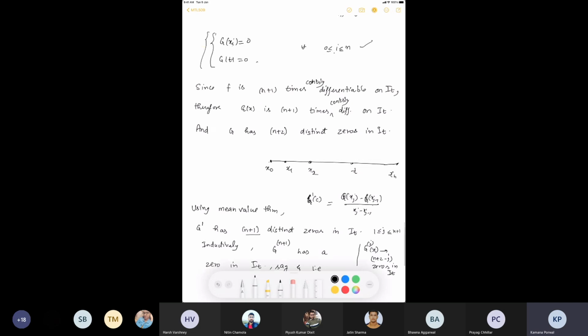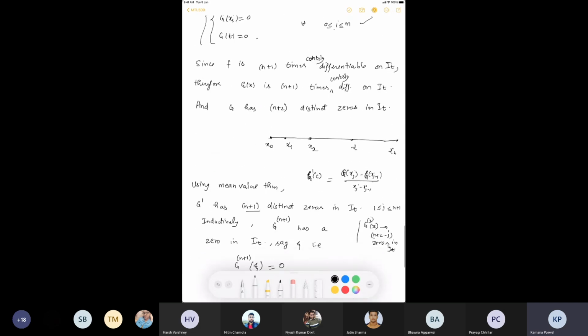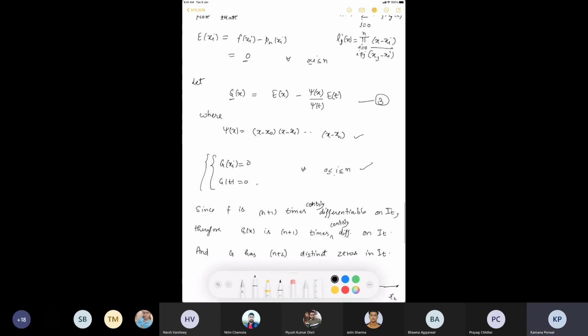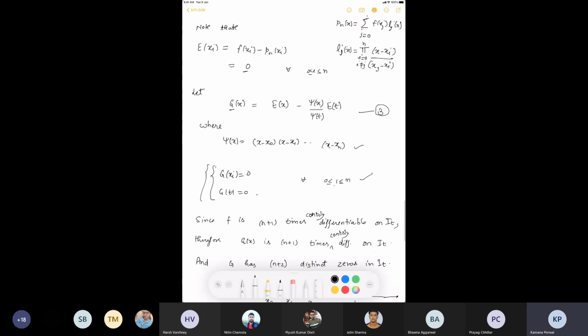So we already know what g is. Let's try to find out the n plus 1th derivative of g. So this is going to be the n plus 1th derivative of E, and then I will require the n plus 1th derivative of psi. It's a polynomial, right? So you can differentiate it.